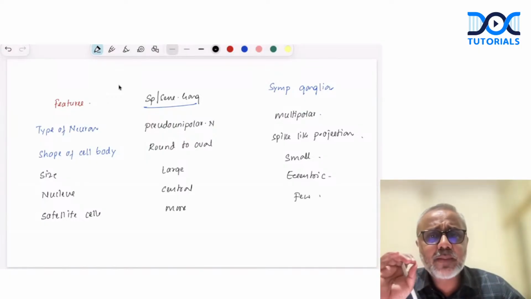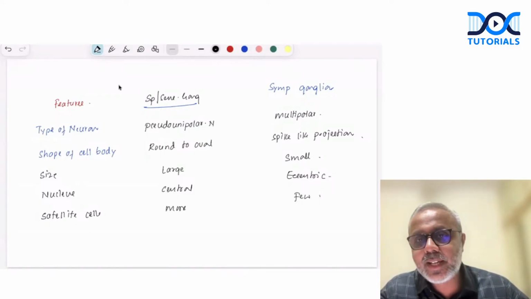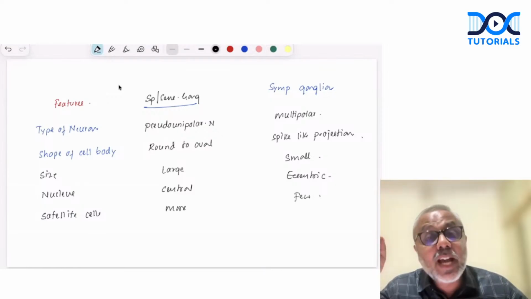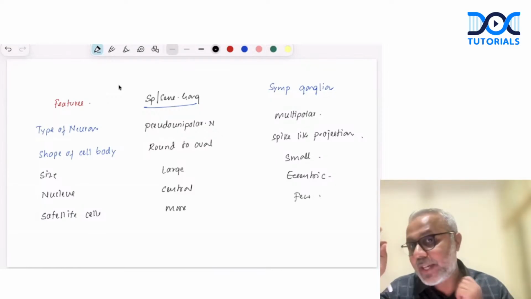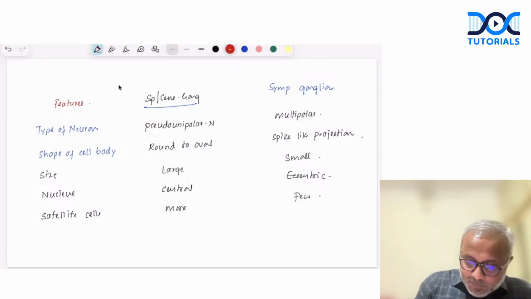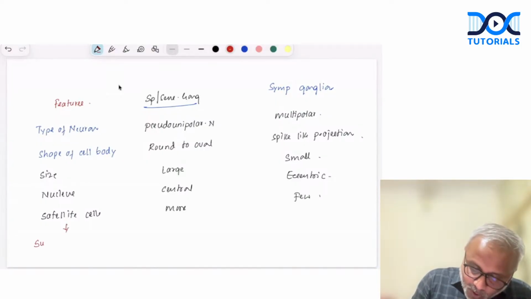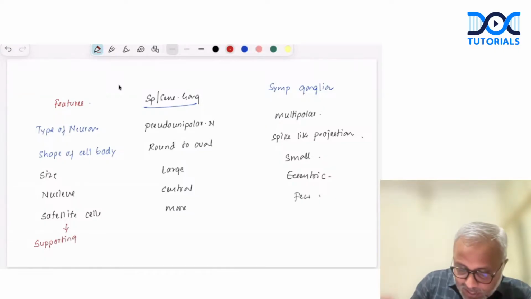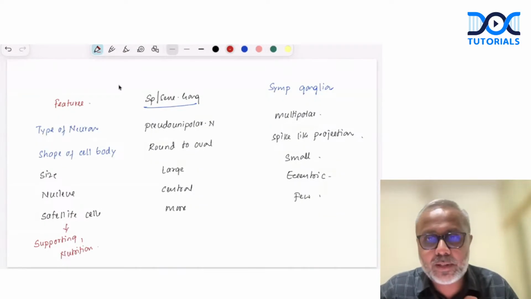Now there is a simple question. Why do we get more satellite cells in the spinal ganglion, and why do we get fewer satellite cells in the autonomic ganglion? If you want to answer this, you must know what is the function of satellite cells. Remember, satellite cells form the important supporting cells, as well as they provide nutrition or nourishment to the entire cell body of the neuron.